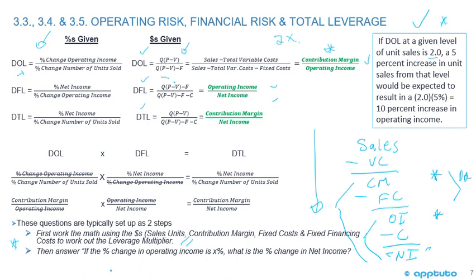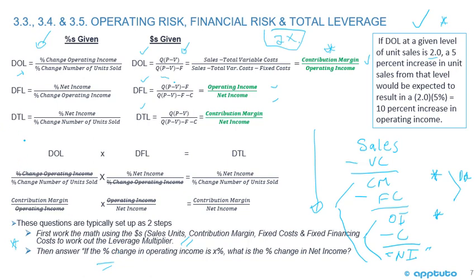And then the question is, if the percentage change is X, then what is the percentage change in the net income or the operating income? So they work out to be two-step questions. One, calculate the leverage multiplier, and then two, apply that multiplier to, given a percentage change in the denominator, what's the change in the numerator, okay?